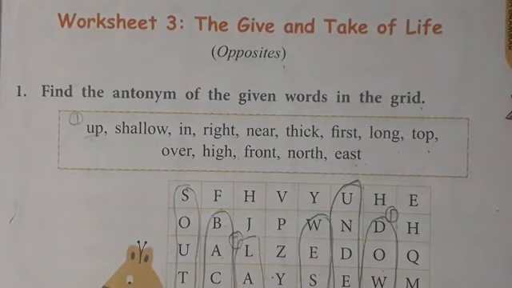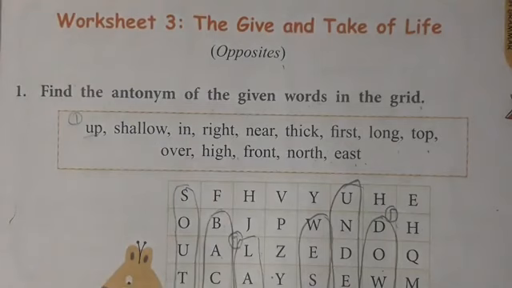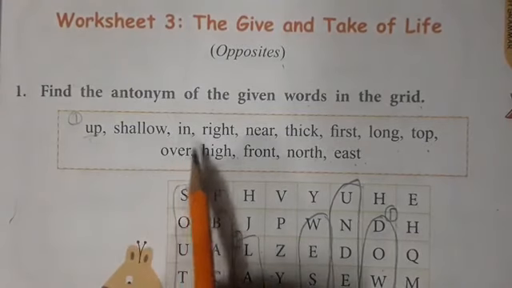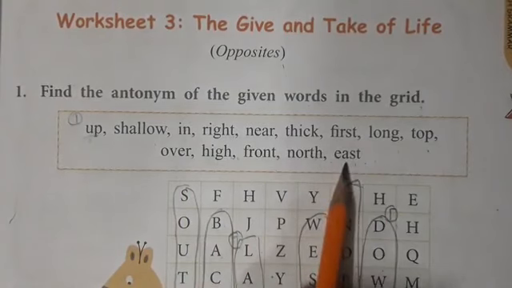Over here a grid, letters of the grid is given. You can say the letters are jumbled up and you have to find out the opposites of the given words. So the words are given over here.